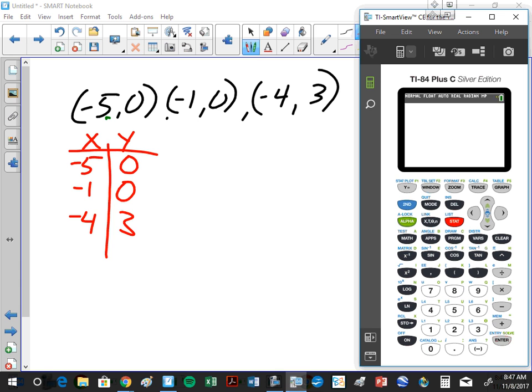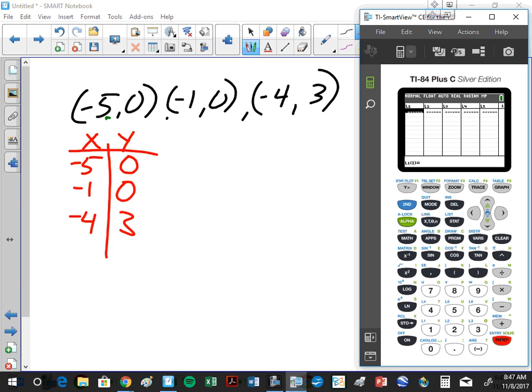If you push stat and you go to edit, and then if you want to clear a list, go up to L2 and push clear. And go up to L1 and push clear. And then in order to write a quadratic equation, you need 3 points. If you try to do a quadratic equation with 2 points, then it will give you an error.